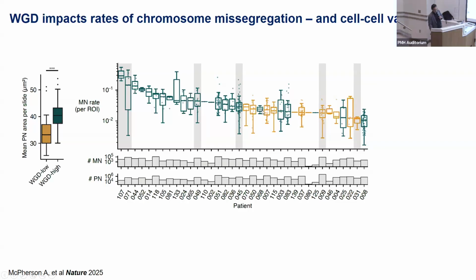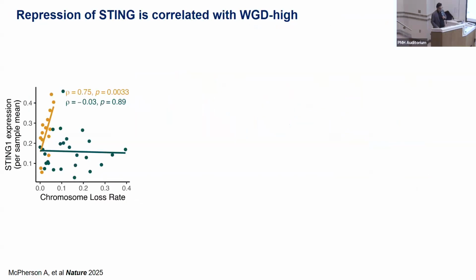The genome doubled low ones are on the right. And so you can see that there's this very profound increase in chromosomal instability as a function of genome doubling. So that suggests that there's a real change in how these cells are actually surviving after that genome doubling event. So then we wanted to ask, well, what is this?